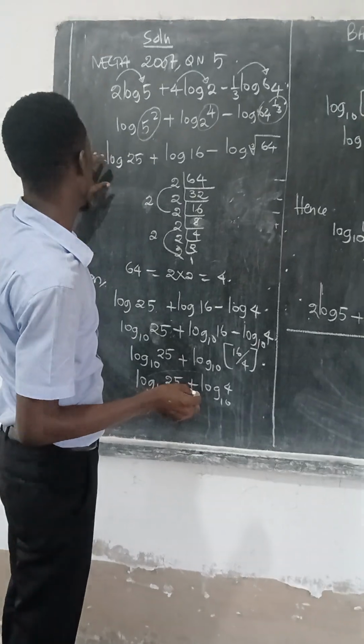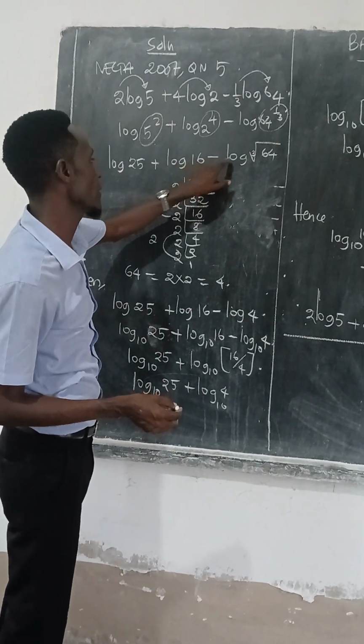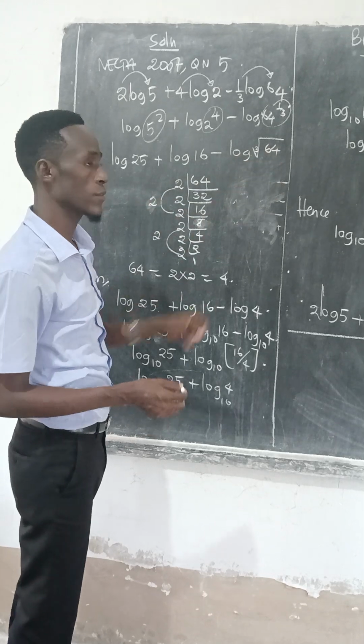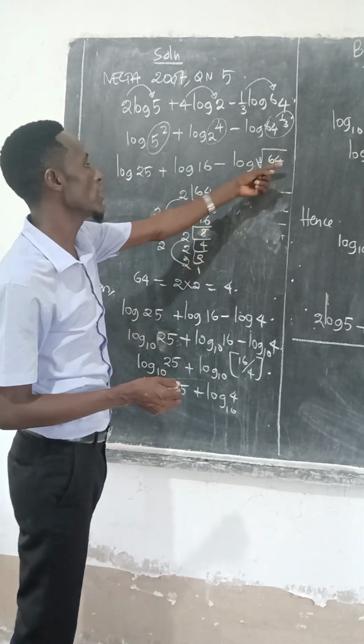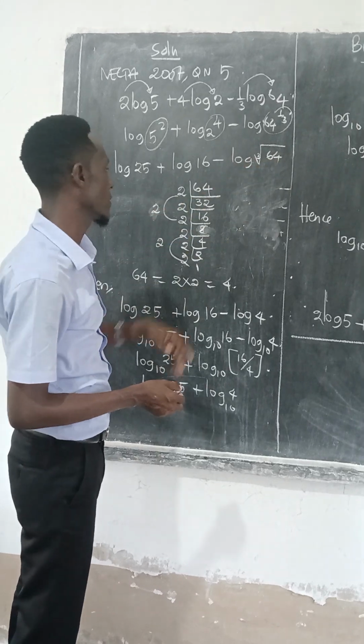So now this is logarithm of 25 plus logarithm of 16, minus logarithm of the cube root of 64. Find the cube root of 64 using prime factorization.